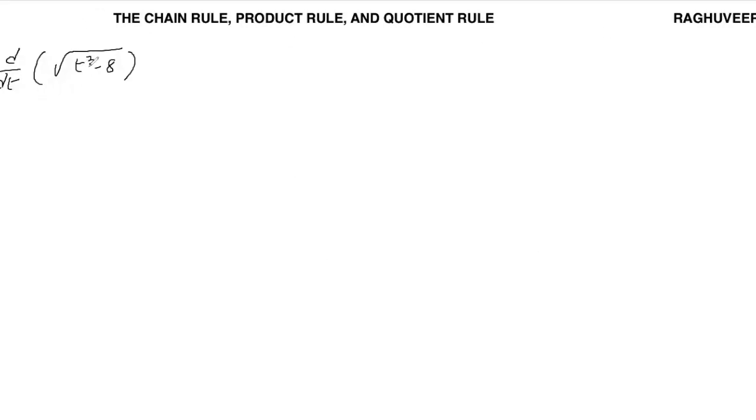Now here the variable is t, so differentiating with respect to t using again the chain rule. So u is equal to t cube minus 8. So f of u will be square root of u, which is u to the power of half, and u of t, which is t cube minus 8.